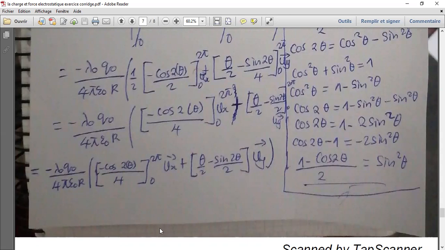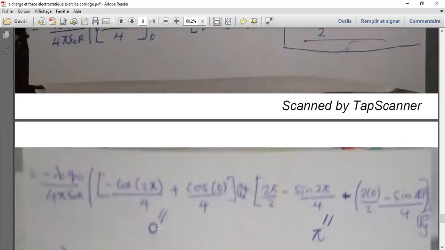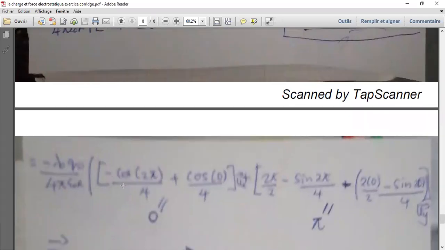So that's what we're replacing. For the first one, negative cos, open brackets 2 theta, close brackets, divided by 4 plus cos 0, which is the 0 divided by what? 4 ux. And if you try to solve this one, you'll find that it will give you the answer 0.